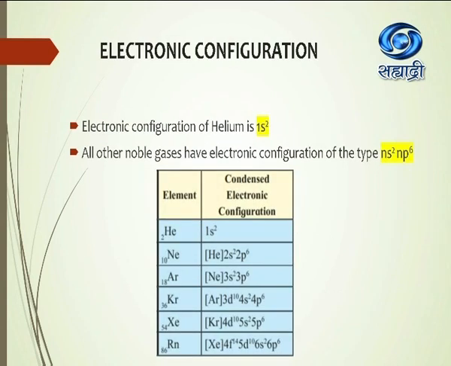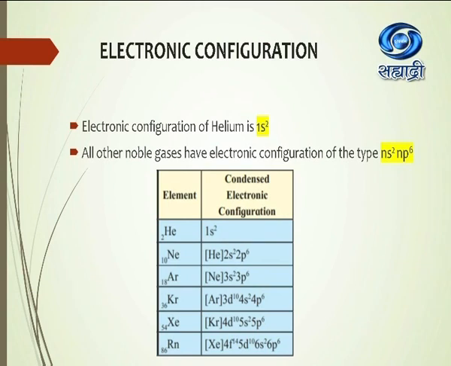Now what is the electronic configuration? Electronic configuration of helium is 1s2. Atomic number is 2. So in the first shell, 2 electrons are present, duplet is complete. All other noble gases have electronic configuration of the type ns2np6.